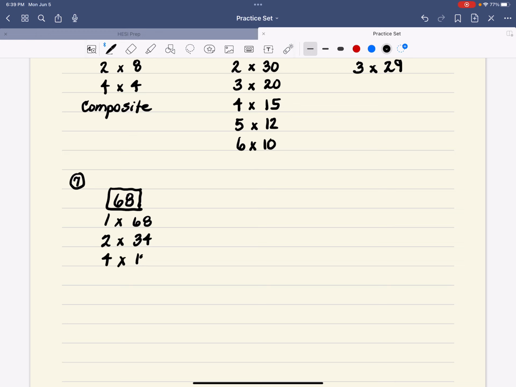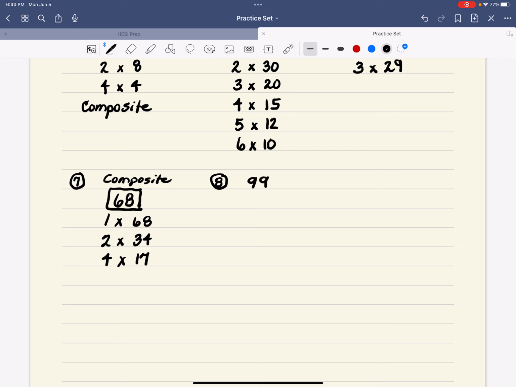I'm using my calculator. 5, 6 won't. 7, 8 won't. 9, 10, 11, 12, 14. I don't think so. 16. I don't think so. No. So those look like all, but it is composite. Have we had any primes in this list?